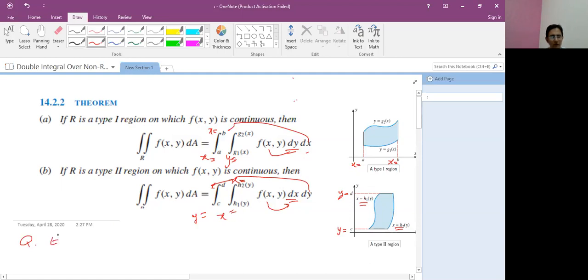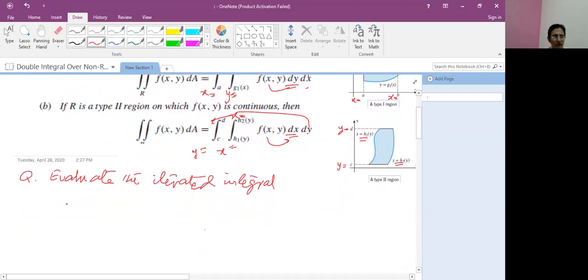For example, evaluate the iterated integral, where the limit of y is 1 to 3 by 2 and the limit of x is y to 3 minus y, and the function is y dx dy.